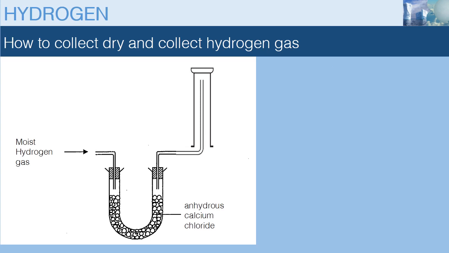So in order to dry hydrogen, we'll use this setup in this diagram where moist hydrogen is passed through anhydrous calcium chloride.